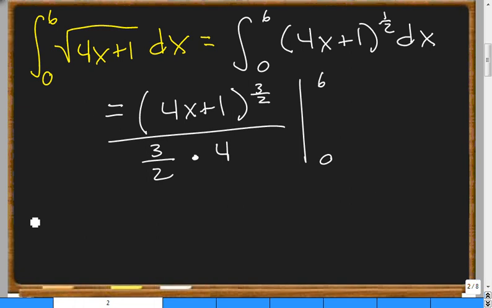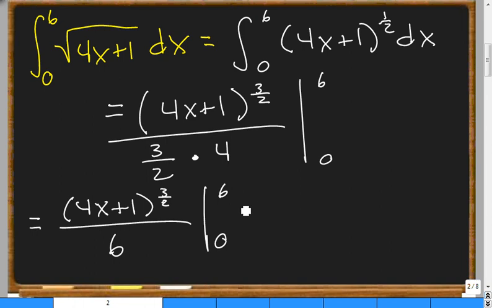Okay, so let's continue. If we simplify this, we would get 4x plus 1 to the 3/2 divided by 6, and we're doing this from 0 to 6. So again, you plug your top number in first, and then you subtract away what you get when you plug in your bottom number.